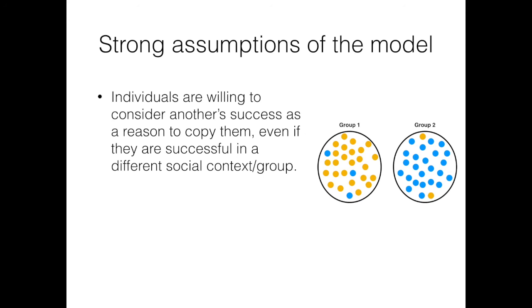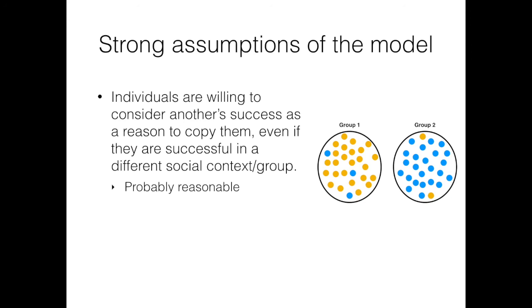It assumes that all interactions still occur within one's group, which is fine, but it also assumes, related to that, that individuals are willing to consider another's success as a reason to copy them, even if they are successful in a different social context. I think this is probably a reasonable assumption.